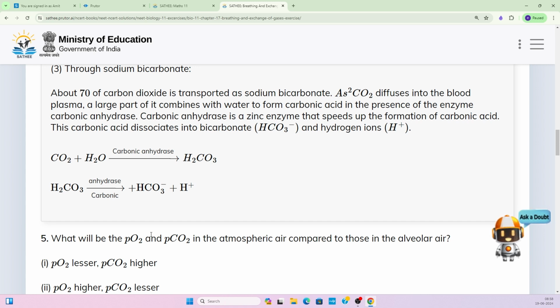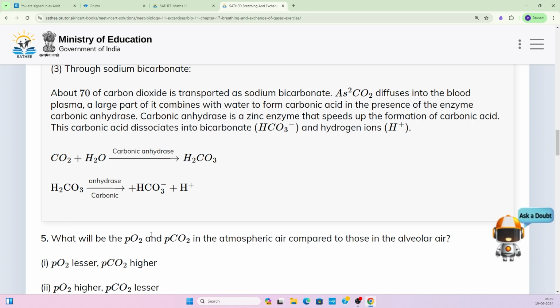But as it gets the zinc, the rate of reaction increases. The carbonic acid dissociates into bicarbonate and hydrogen ion. Later on, this H2CO3, in the presence of carbonic anhydrase, is broken down to HCO3 ion and hydrogen ion.